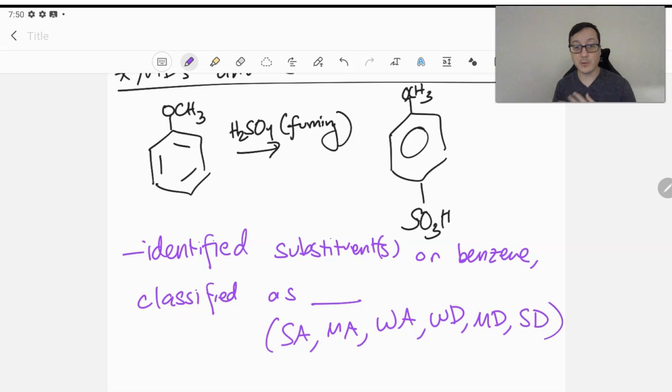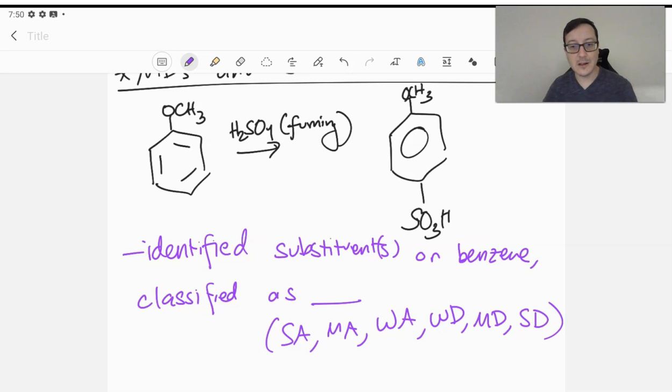Remember, those are the 6 options we have. So whenever we're going to be doing a problem where we're taking something that already has a substituent or multiple, we need to identify all of them and then classify them as what type of activator or deactivator they are. And so, fairly straightforward with just one substituent.